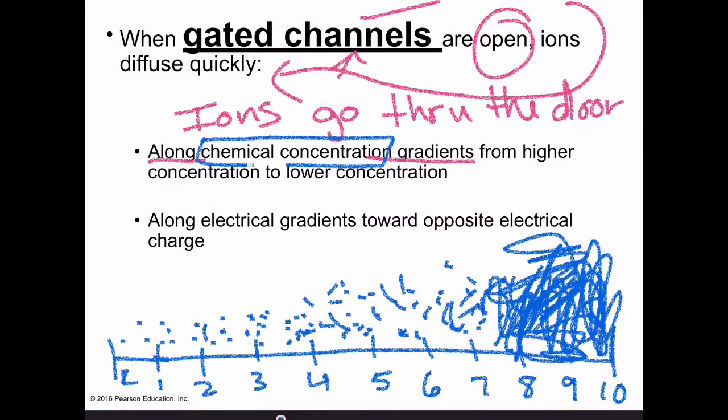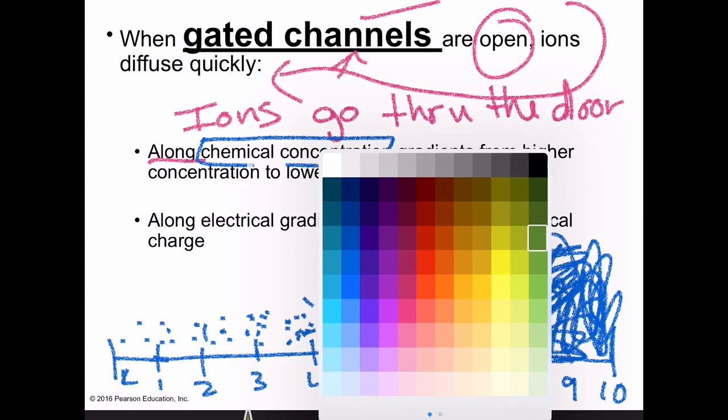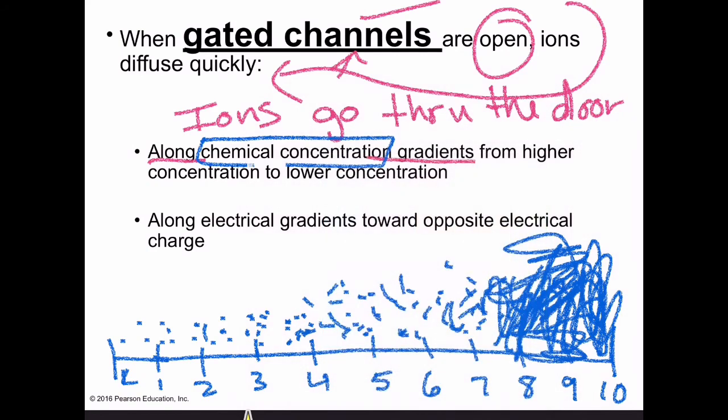And so what we've done here is we've illustrated yellow, okay. We've illustrated a low gradient here and a high, oops, that was a terrible color choice. Here we go. High concentration gradient here.